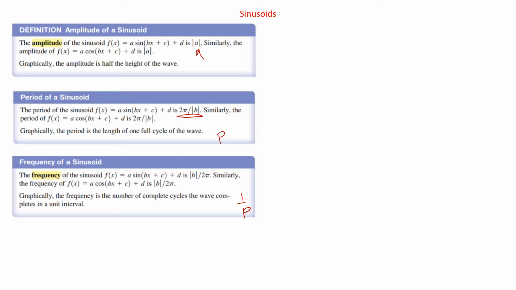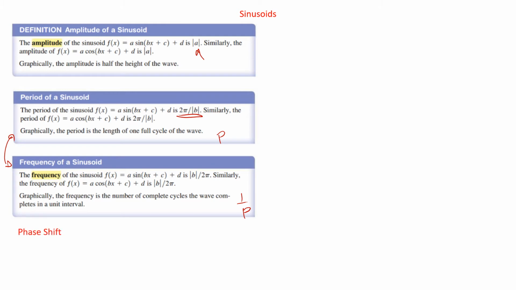But regardless, the period and the frequency are basically the same. I mean, they're reciprocals, but they both use that B number. And it's always 2 pi over B for sine and cosine, because 2 pi was the original period.